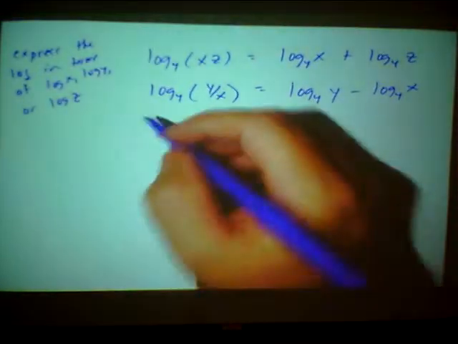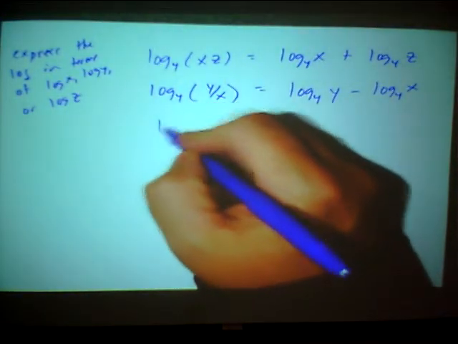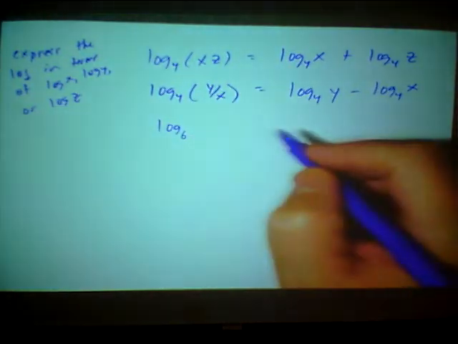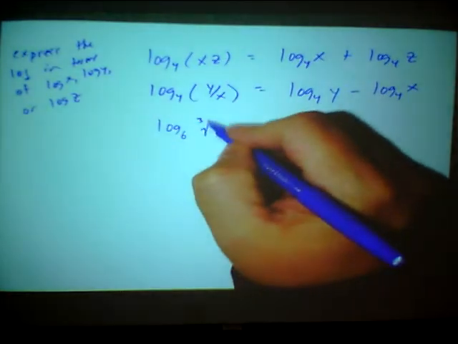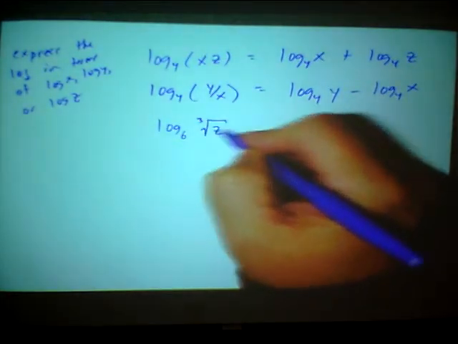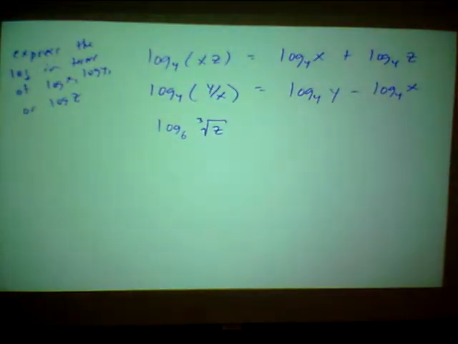Now, let's do some even trickier ones. How about log base 6 of the cube root of z? Now in this case, I'm still only going to have one log, but because they asked me to express it just as log z, I can't have any exponents on my argument.